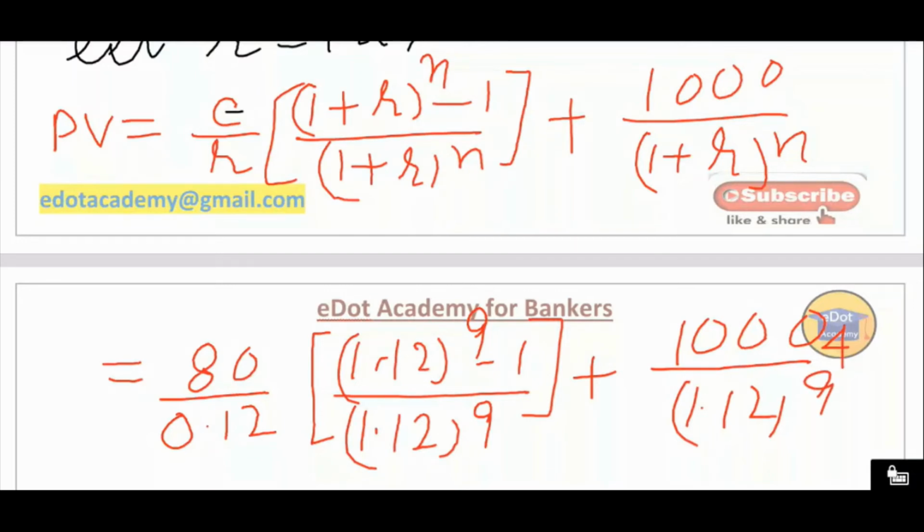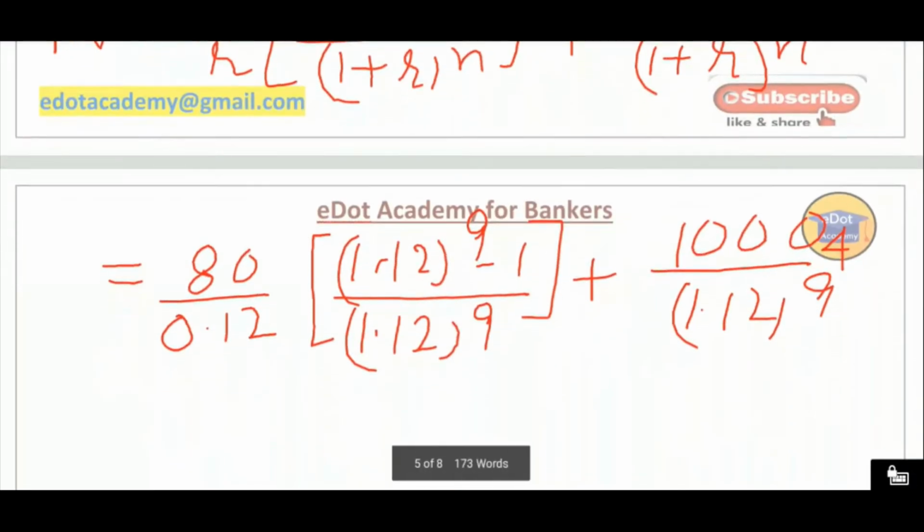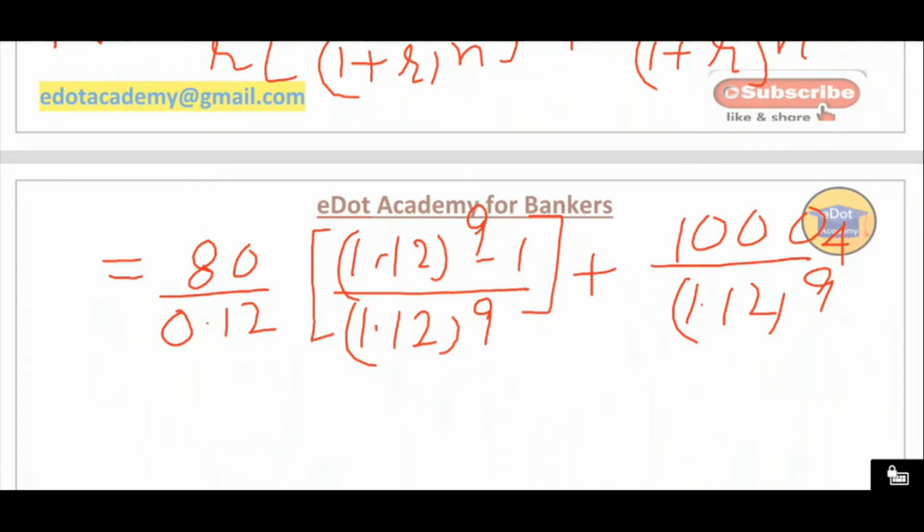Okay. Now, the next step is to put the values. So 80 divided by 0.12. 1.12 power 9 is coming, just use the calculator, I am also using it here. It will come 2.773.